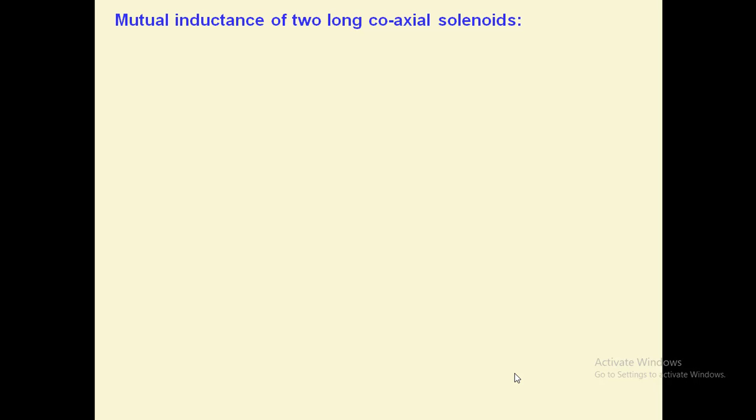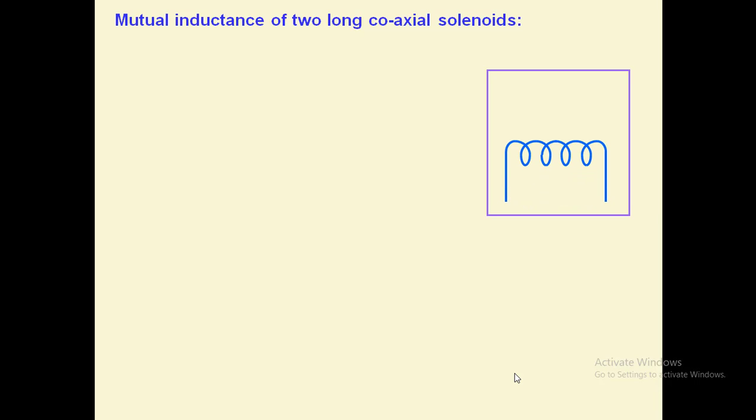Mutual inductance of two long coaxial solenoids. That means we are going to give the expression for mutual inductance, that is M. So here I am going to consider two coils. One is P, P stands for primary coil, and that is the secondary coil.